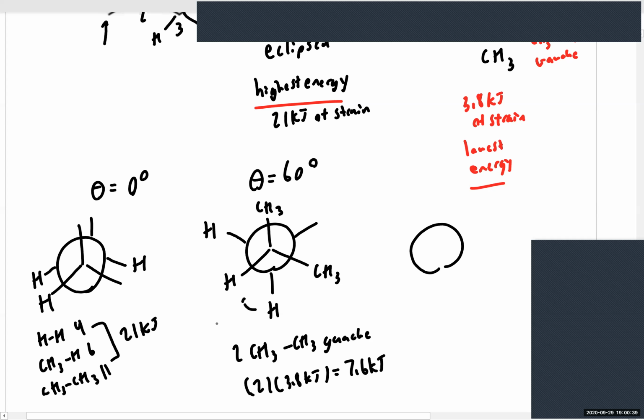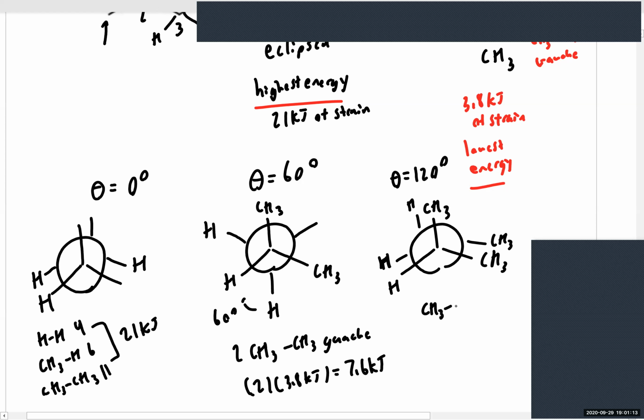Continuing on with our rotation, at 120 degrees, we come across a second eclipsed conformation.